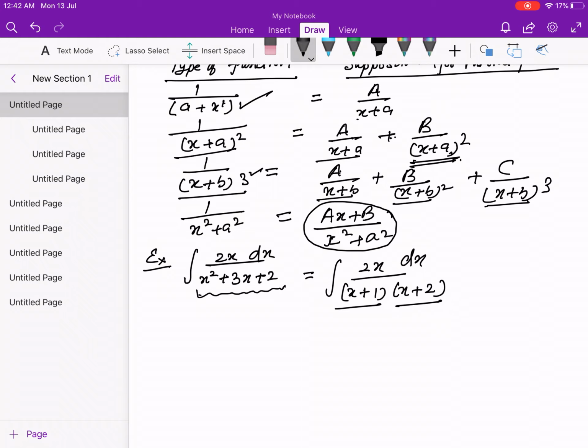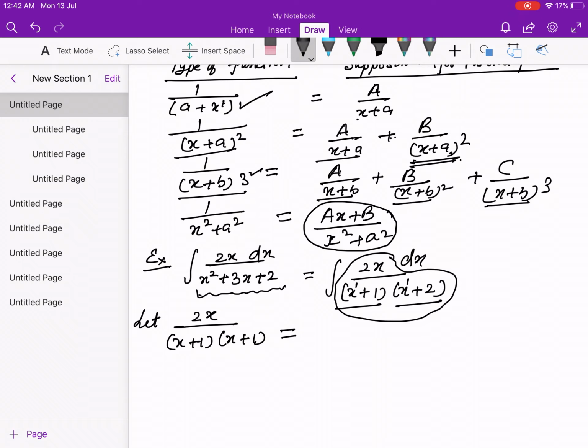Now, since these are linear expressions, let their partial fraction be, taking out this whole expression from the bracket for the partial fraction here, a upon x plus 1 plus b upon x plus 2.